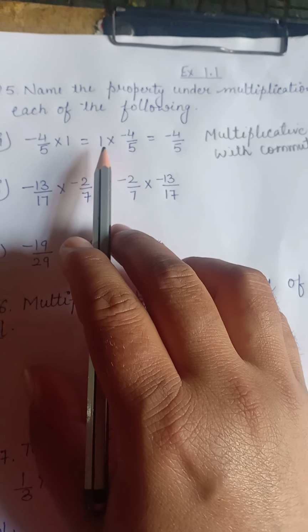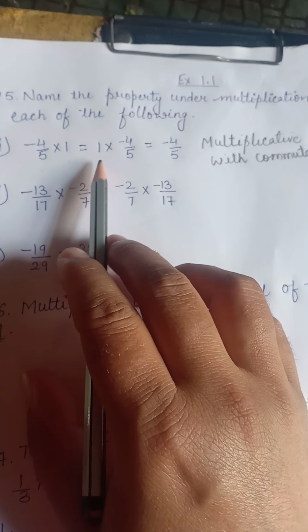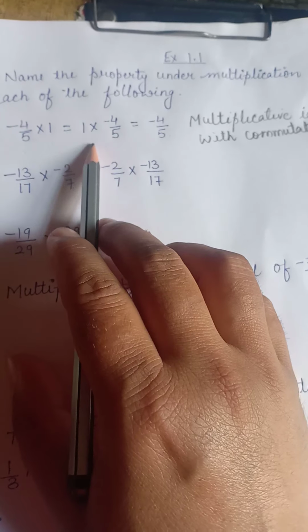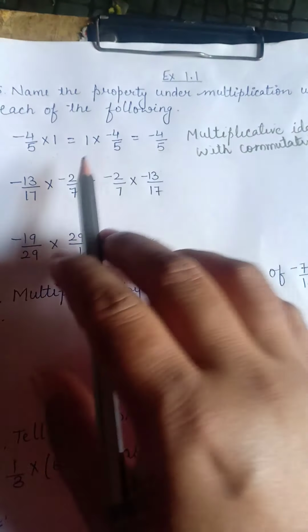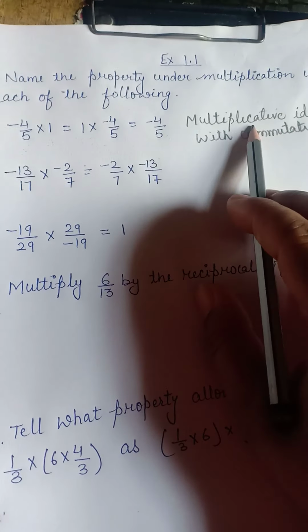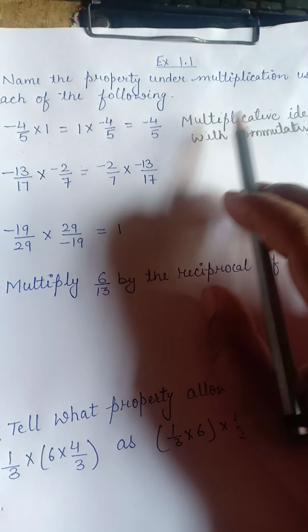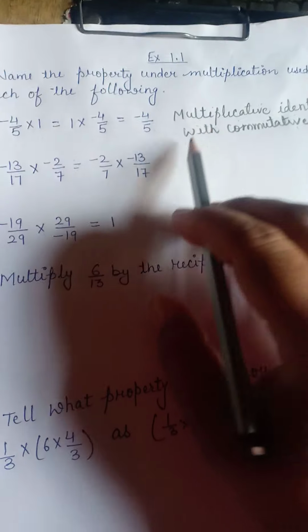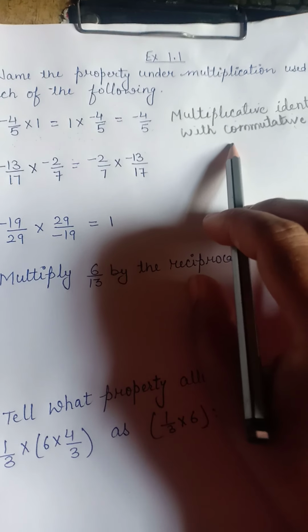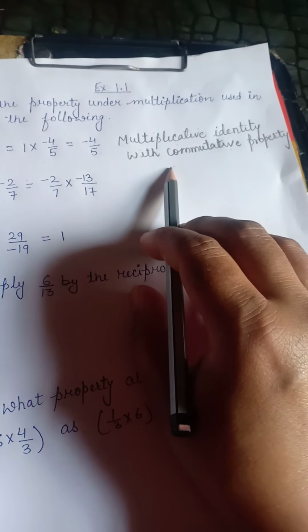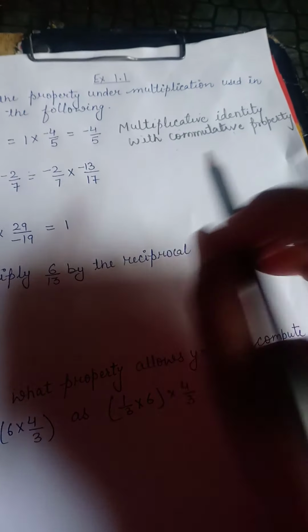Whenever the positions of rational numbers are interchanged, we call it commutative property. So for the first question we can write multiplicative identity with commutative property. One is the multiplicative identity, and after interchanging the position this becomes commutative property.